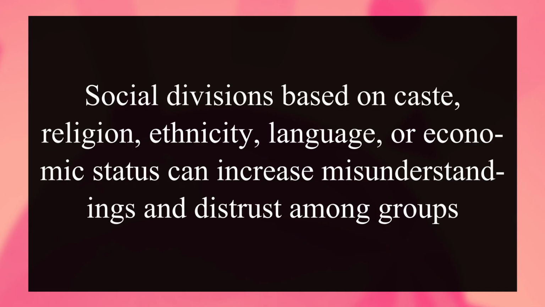Competition for scarce resources such as land, employment, education, or political power often exacerbates these conflicts. Social divisions based on caste, religion, ethnicity, language, or economic status can increase misunderstandings and distrust among groups.